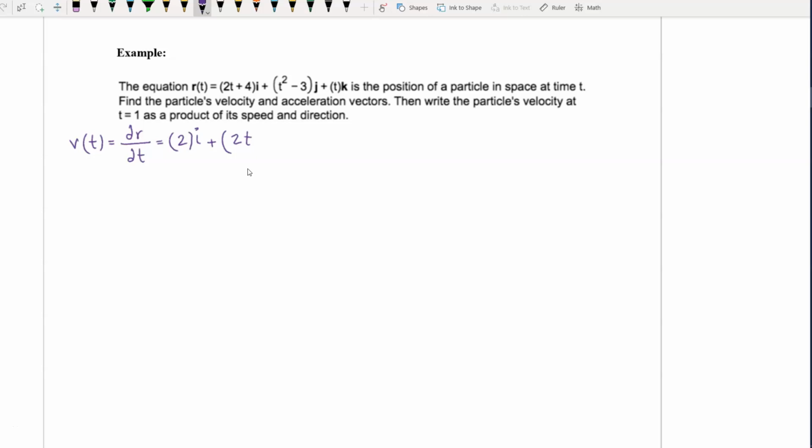And here minus 3, that is a constant, so the first derivative of a constant is 0. And the first derivative of t with respect to t is 1.